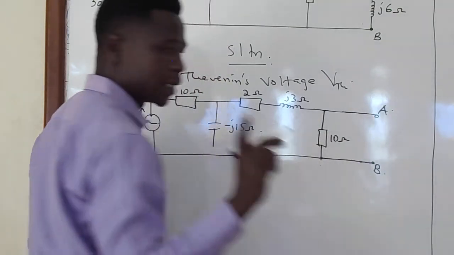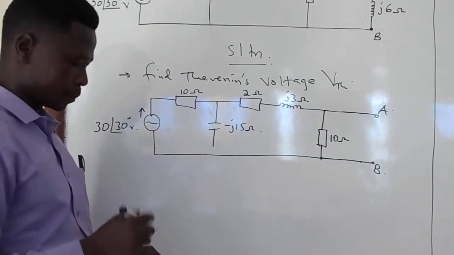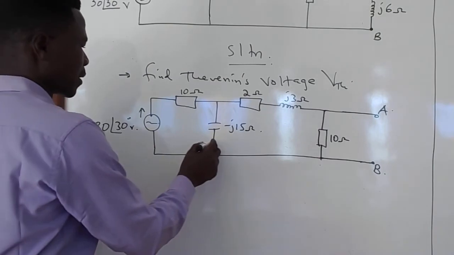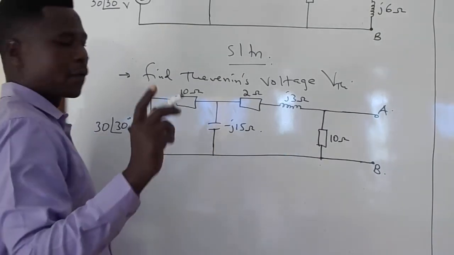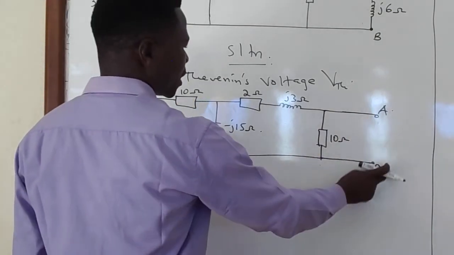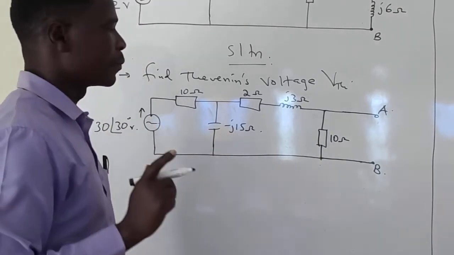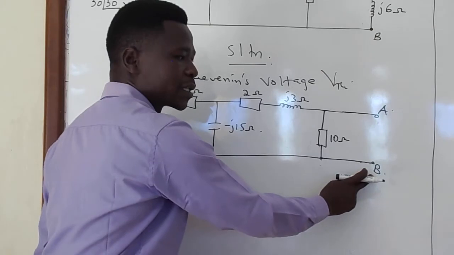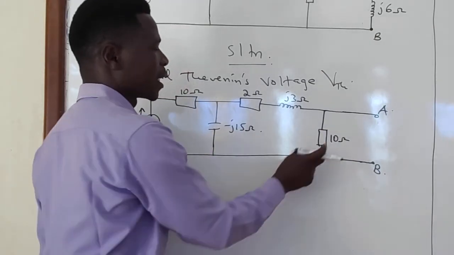So according to Thevenin's theorem, we remove the load. And after removing the load, we need now to get the voltage across terminal AB. And if you look at the circuit keenly, you'll realize that the voltage across terminal AB is actually the voltage across the 10 ohms.